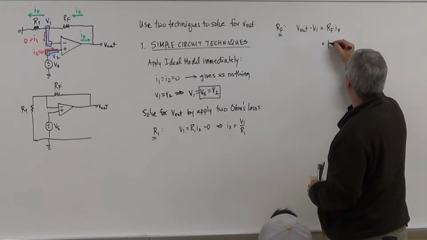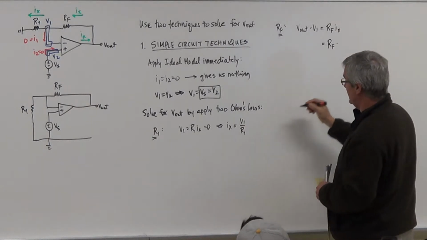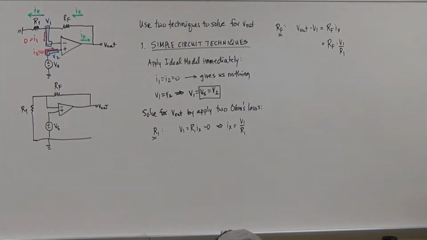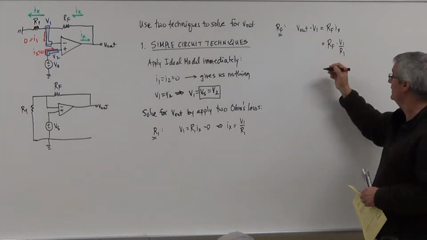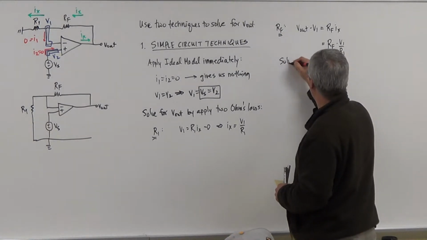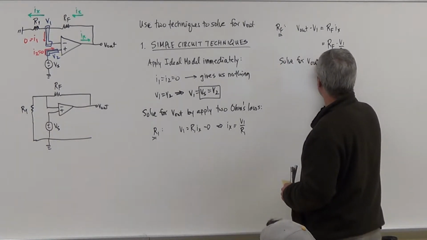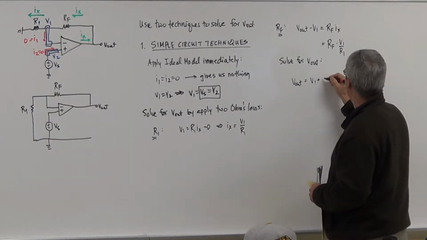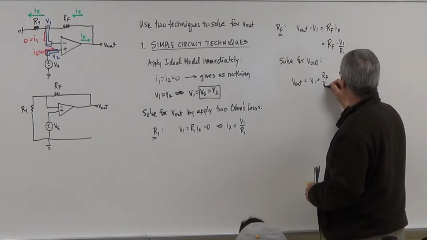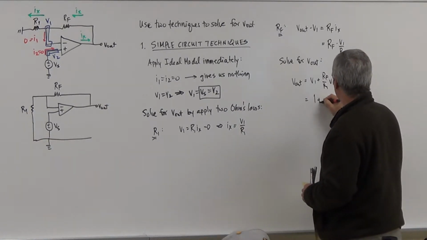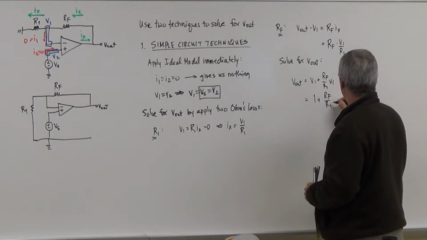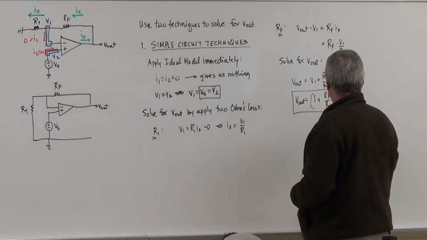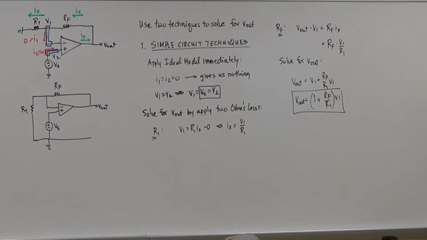RF times Ix will then be RF times V1 over R1. So now I'm going to solve for V out. V out will then be V1 plus RF over R1 times V1, or 1 plus RF over R1, times V1. And I get that current.